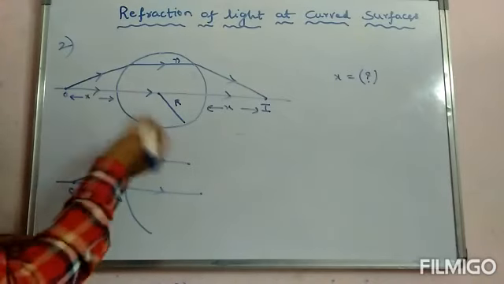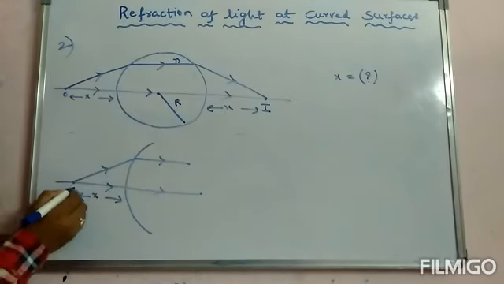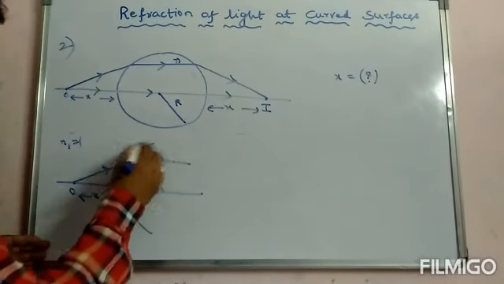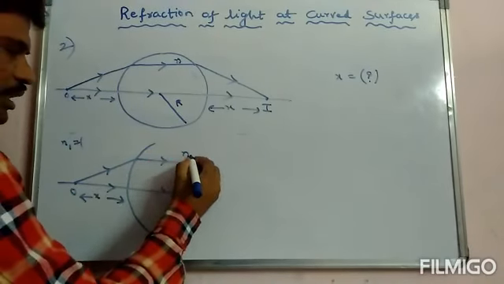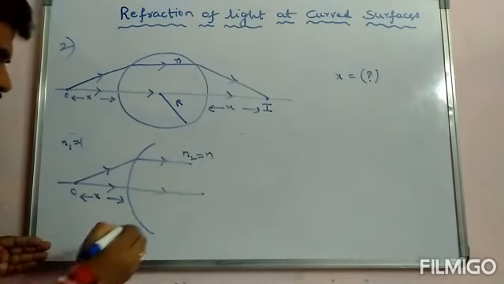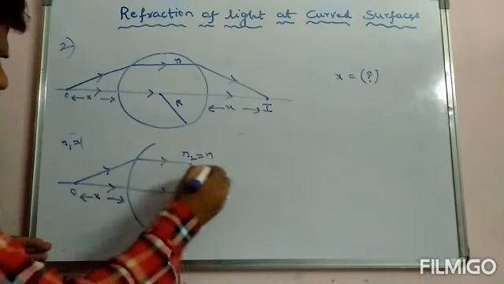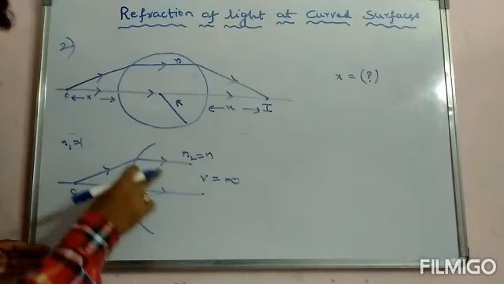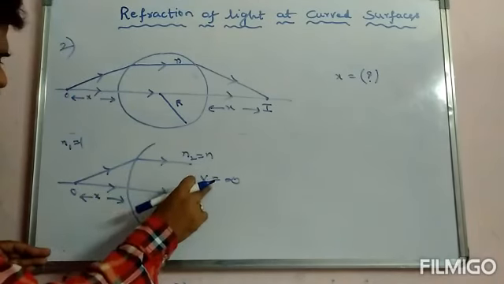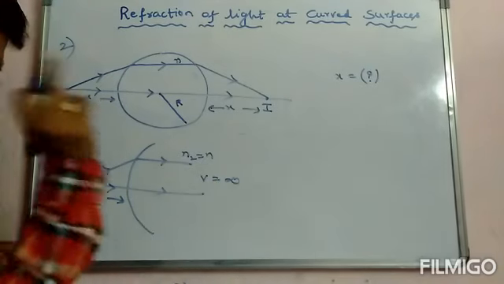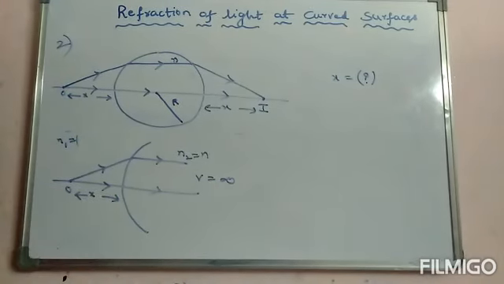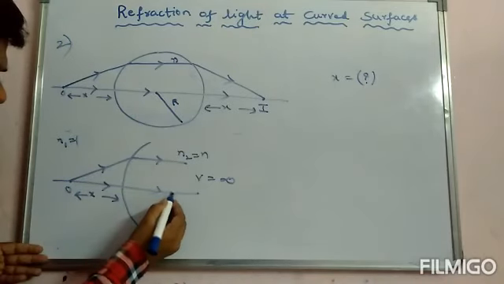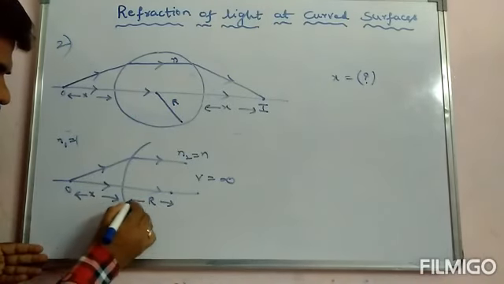Here the object is in air, so the refractive index is 1, and the refractive index of the sphere I am calling n2. And what about the image distance? The image distance is infinity. Why? The rays are parallel, hence I should take v as infinity. And its radius of curvature is r.